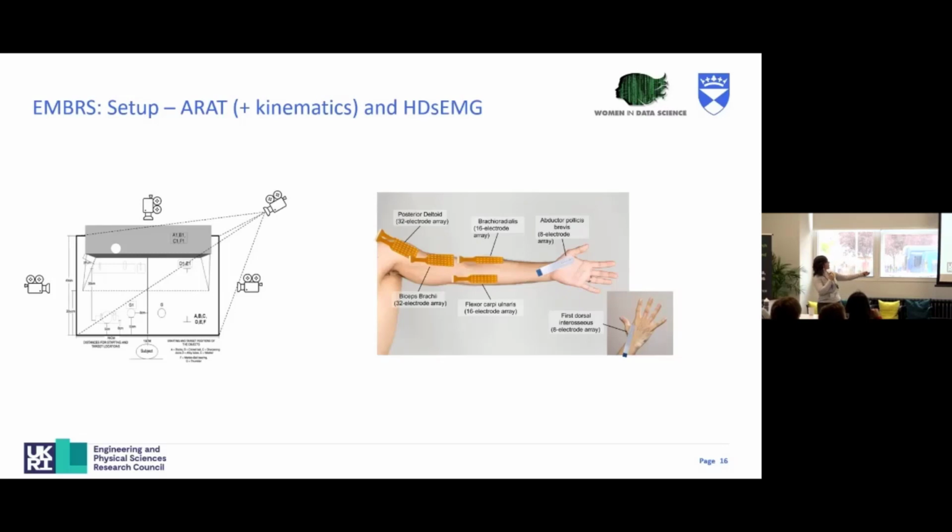So this is just where the subject will be placed and how they're going to be grabbing or grasping things. As I said, I'm going to put cameras because I want to see the time they take to do a task, if they adjust, even if their posture is different, because that should also change as they recover. And that's just the arrays that I'm going to put on their arms, because I'm just going to focus on arms.